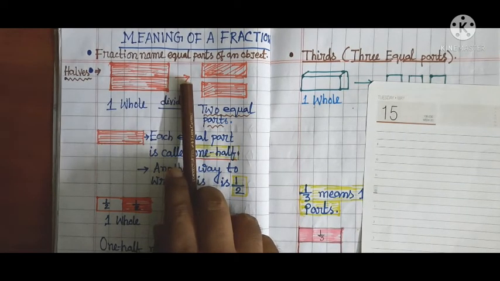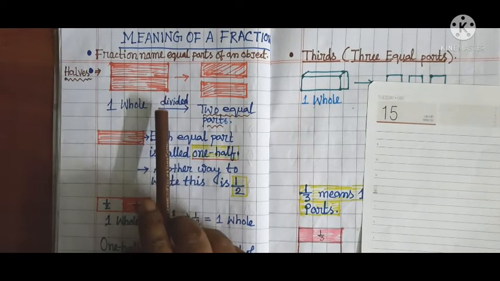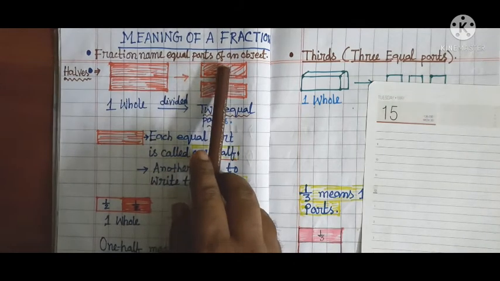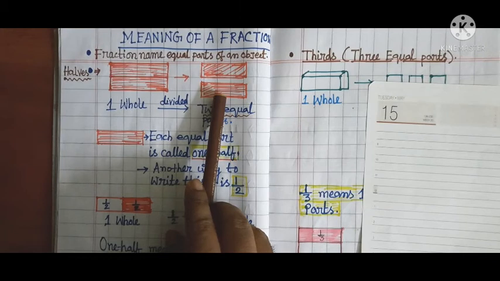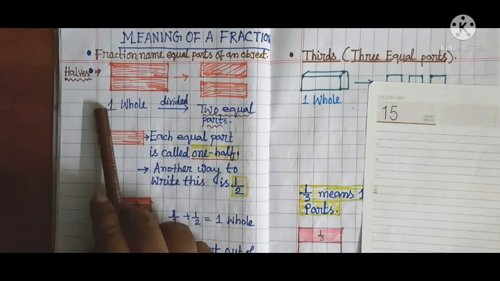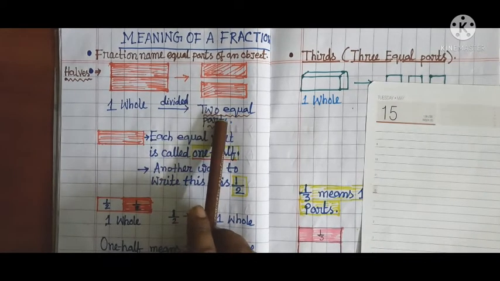This is one chocolate, and you divide the chocolate into two equal parts. Then one whole is divided into two equal parts.